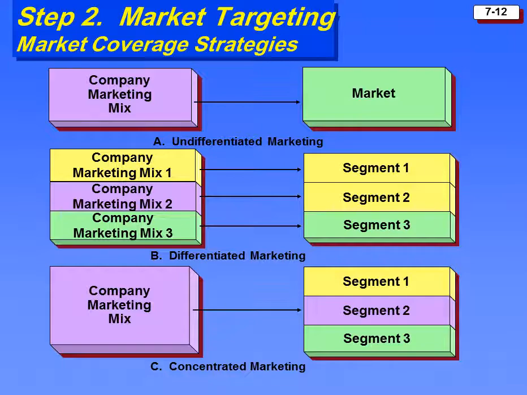In the second strategy, differentiated marketing, the company segments the market, like in the figure: segment 1, segment 2, and segment 3, and makes a company marketing mix for every segment.